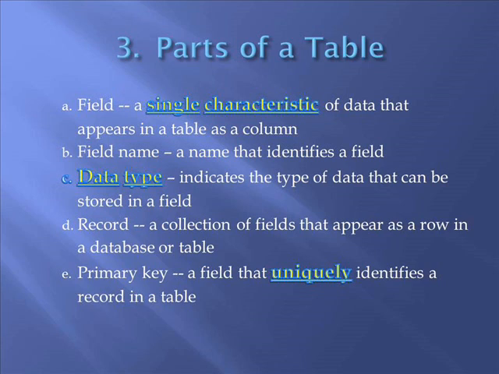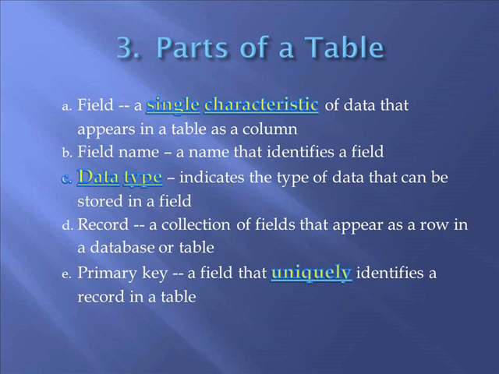So if there were two Heather Browns in the school, first and last names are not good primary keys because many people can have the same first name and many people can have the same last name. Many people can have the same phone number, actually.